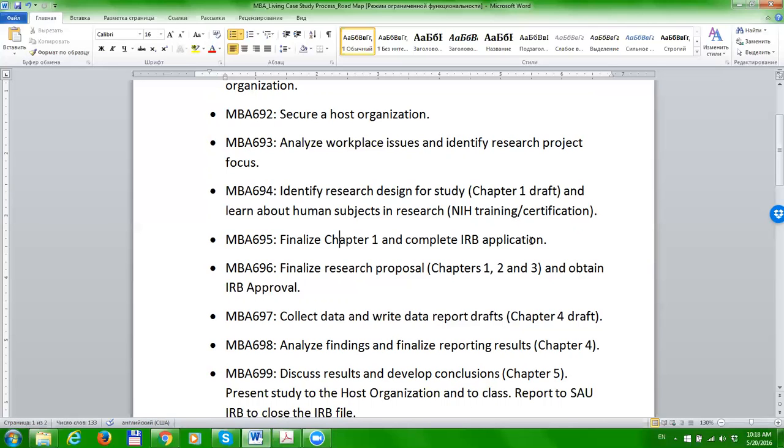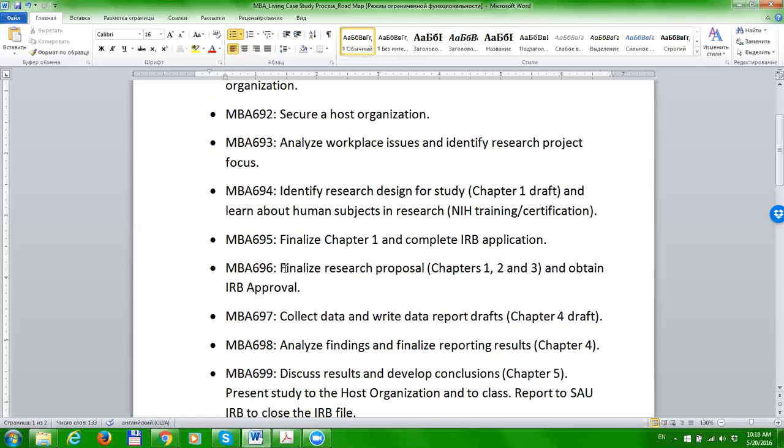You must very clearly describe your research problem, your research questions, and your research methodology. Also, you will describe how you will protect the confidentiality of those people who will be involved in your research. So this is your IRB application, and you will submit it to the university IRB by the end of 695.